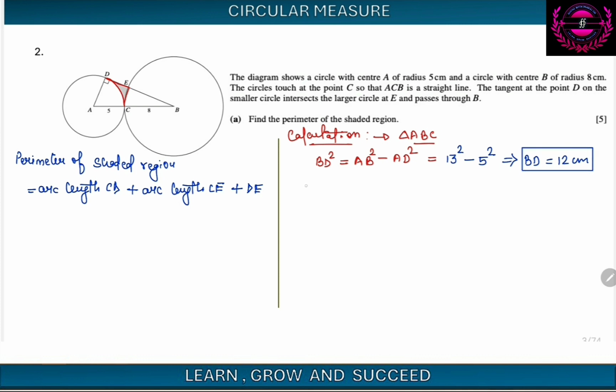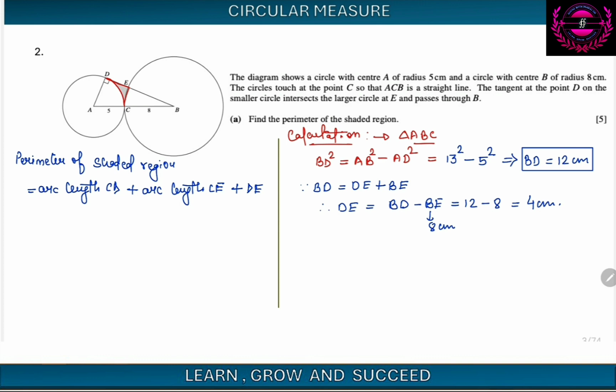Since BD is equal to DE plus BE, therefore DE equals BD minus BE, which is 12 minus BE. The length of BE is 8 centimeter. So 12 minus 8 equals 4 centimeter.